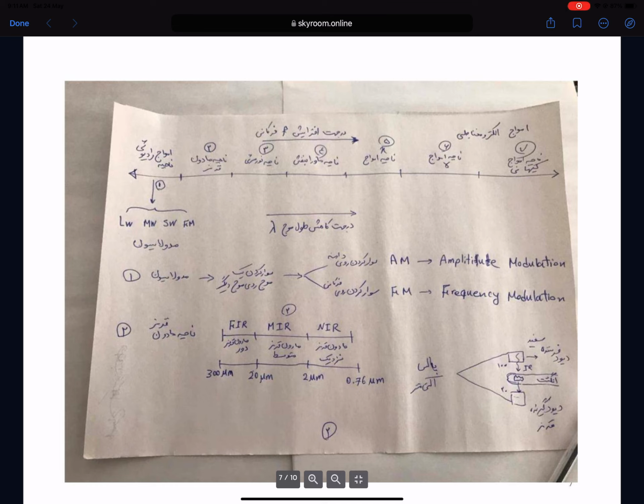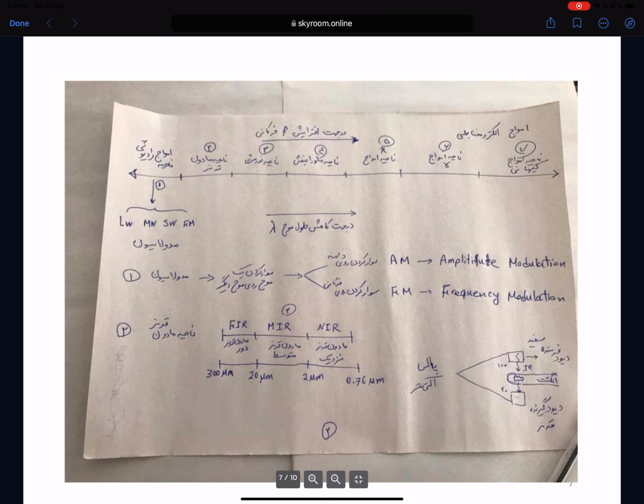Look, first look at the FIR. Just for your comparison, I don't want to ask you to memorize the numbers. Don't worry about the numbers. Just for your imagination, and more attention, look at some numbers I wrote. For example, FIR wavelengths start from 300 micrometers.